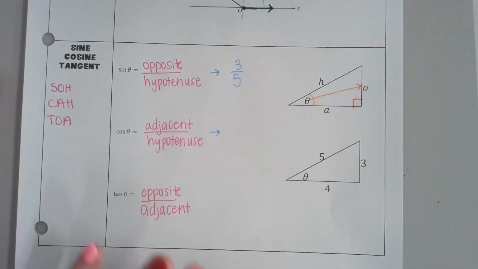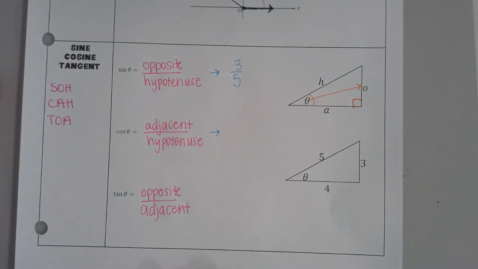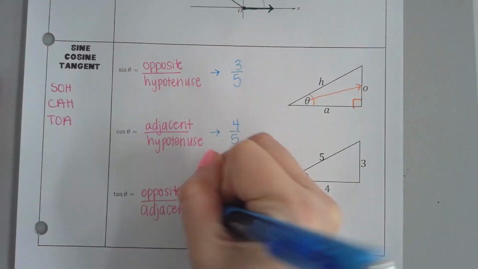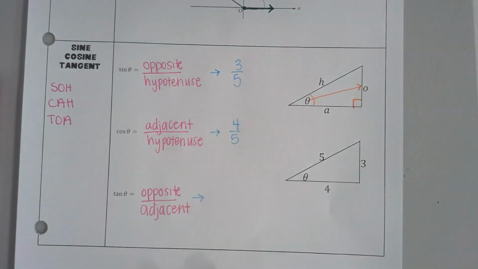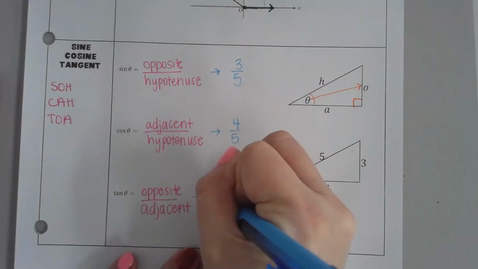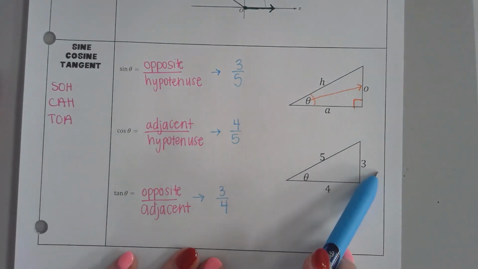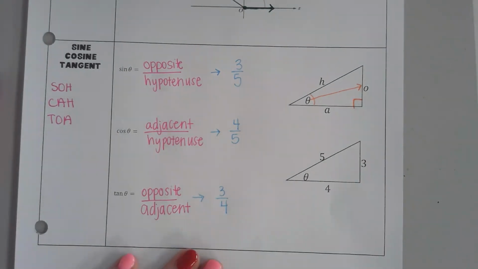What is cosine? Three over 4? Opposite is 3, adjacent is 4.